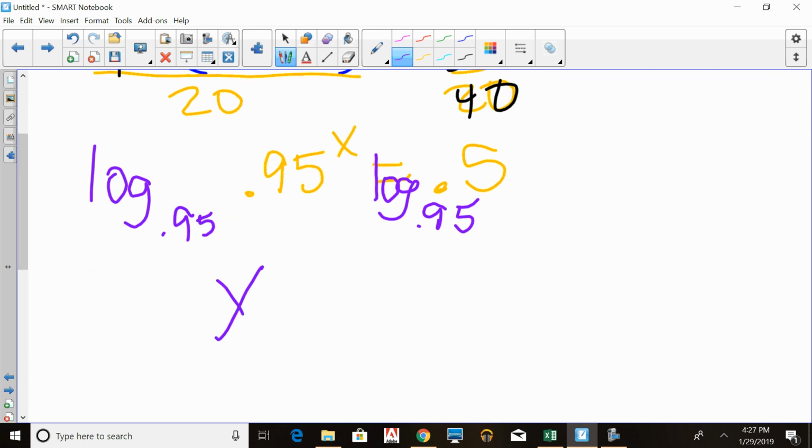So then x will equal whatever log base 0.95 of 0.5 is. And to do that, you take ln or log of 0.5 first, divided by log of 0.95.